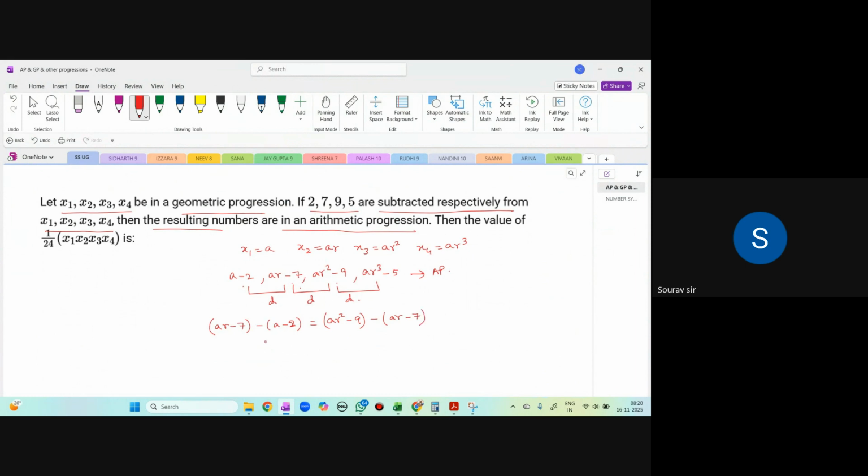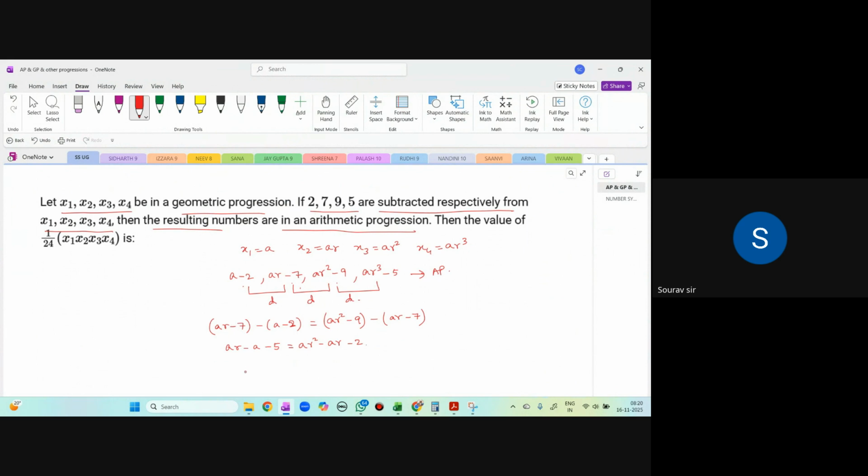Right? So you simplify this, you get ar minus a minus 5 equals ar square minus ar minus 2.